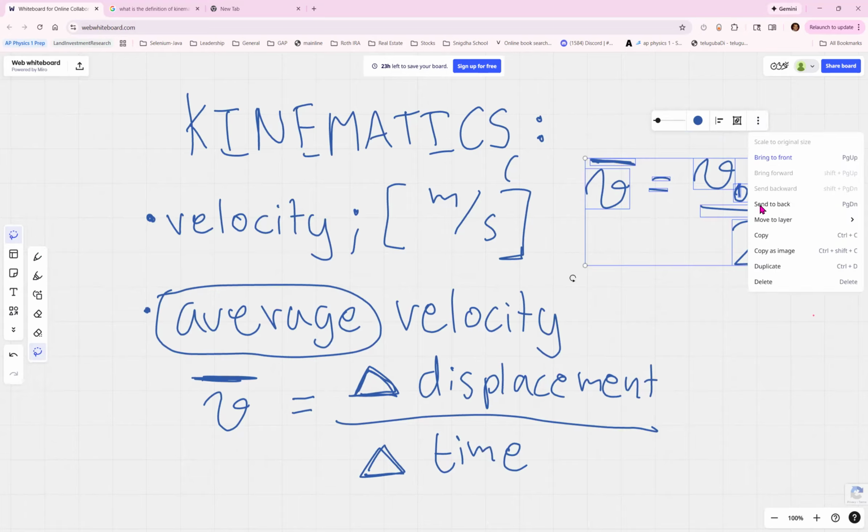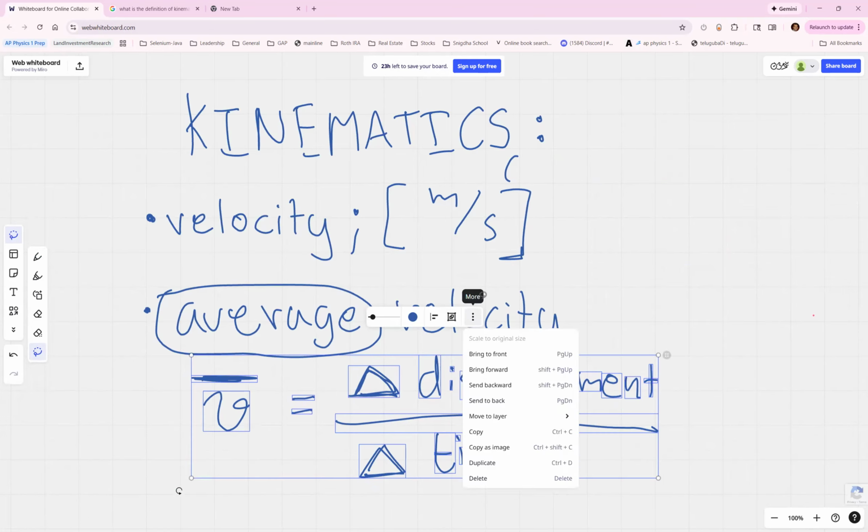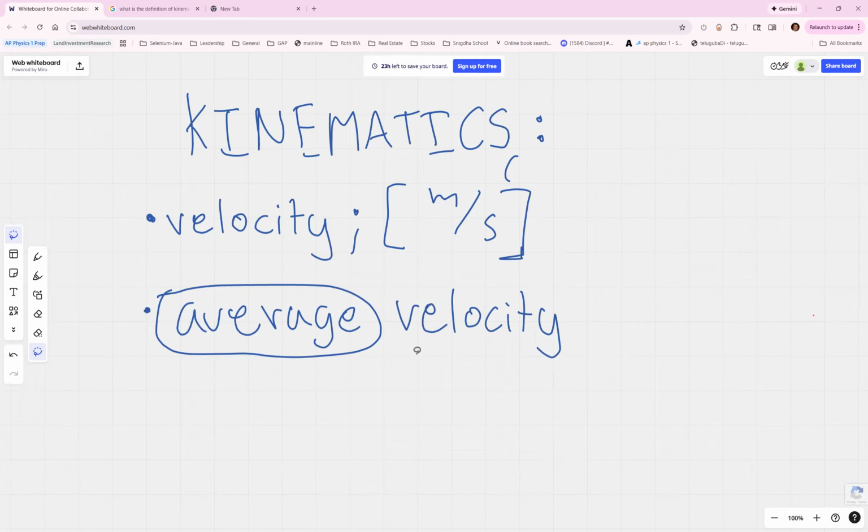Okay, so now let's cover an example problem for average velocity. And this is probably one of the most frequent problems you will see for average velocity. This is an MCQ style problem.